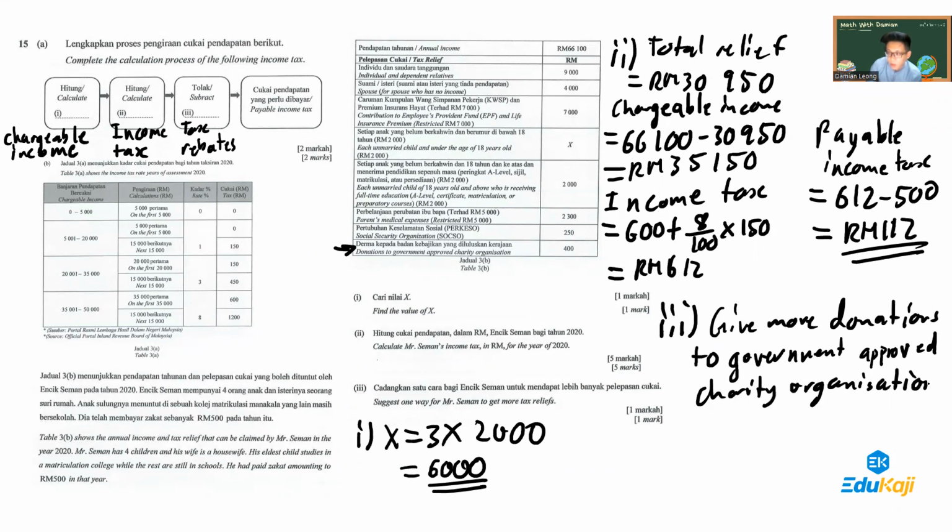That would be the easiest one to spot. But you can also say other kinds of tax relief, like lifestyle tax relief, spending more on items qualified for lifestyle relief, like books, computers, laptops, phones, and so on.